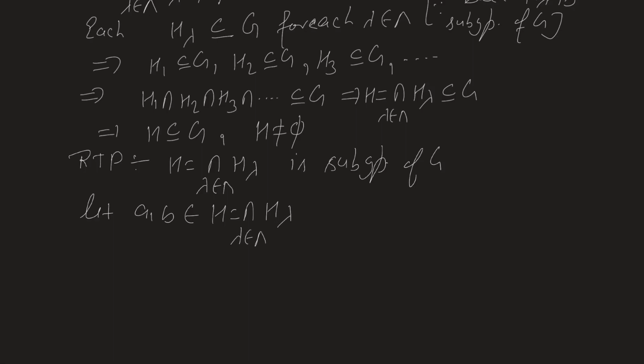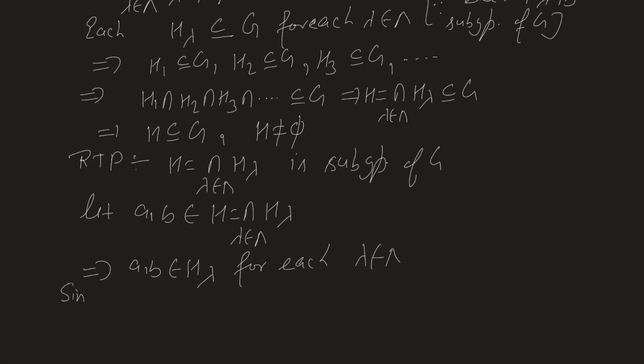Since these two elements A and B are in the whole intersection, they will be in each and every subgroup. So A and B will belong to H lambda for each lambda belonging to capital lambda.